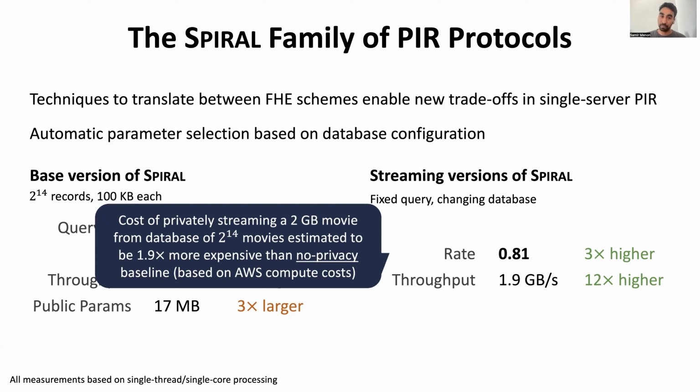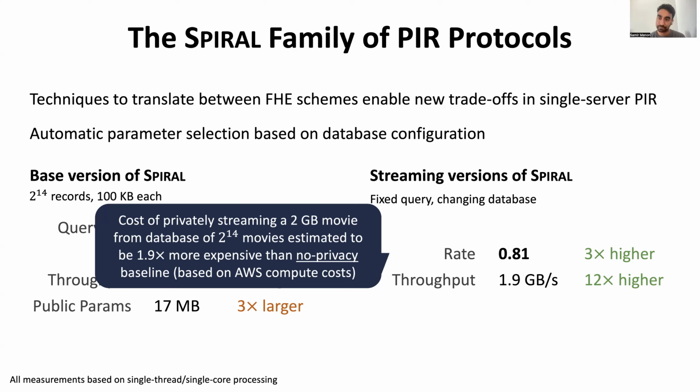No, I mean, I just wonder how to make sense of this, because let's say your scheme needs to linearly scan through the database for retrieving a movie. Are you doing batching? No, it's a single query. This is a single query. So if you serve the content in the clear, let's say the movie is 1 gigabyte, you only need to look at 1 gigabyte.